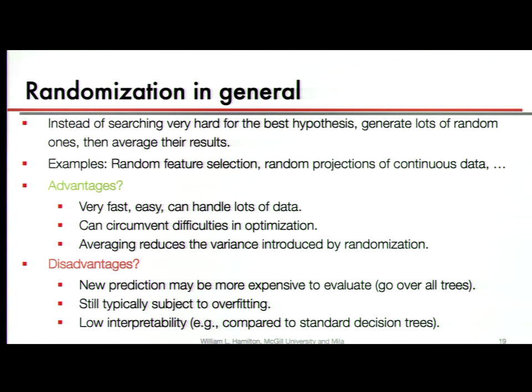So one of the big advantages of decision trees is lost. The same goes for random feature selection or random projections. Now it's really hard to explain to people why your model works well when you're just randomly throwing things away. And of course, this doesn't fix everything. Models can still overfit, even when you're doing randomization.